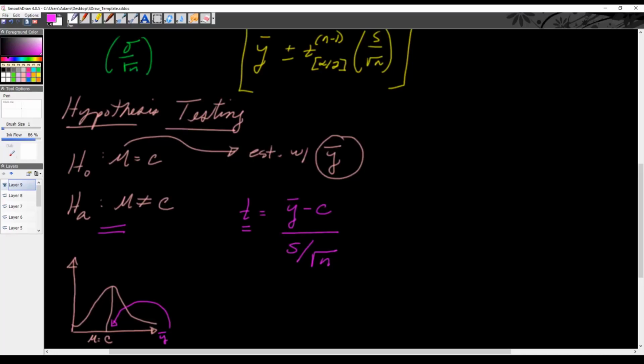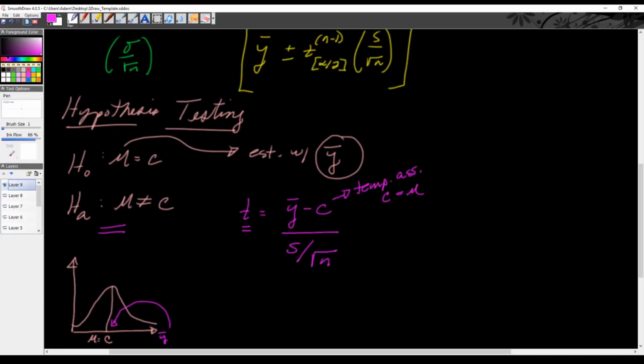So we normalize our sample statistic. In this case, the normalized mean is 0. And if we get a t-value, or a normalized sample statistic, we temporarily assume that c is equal to mu.